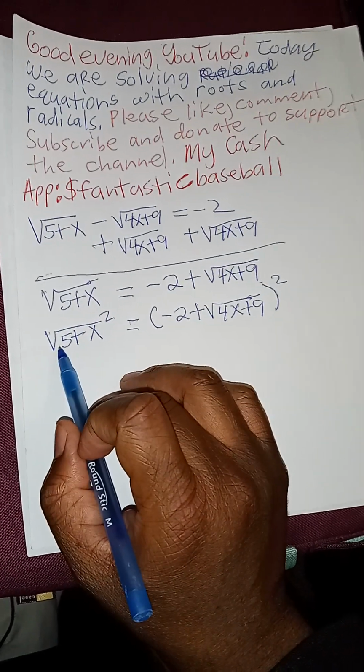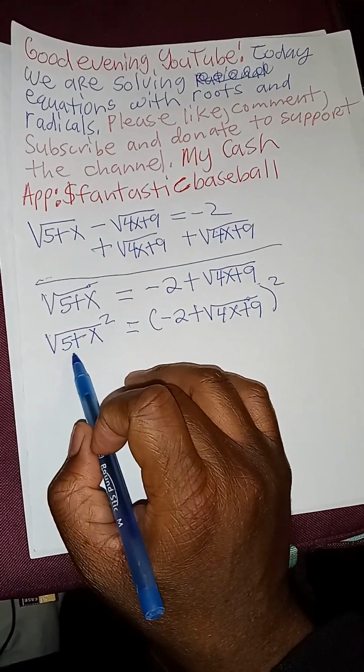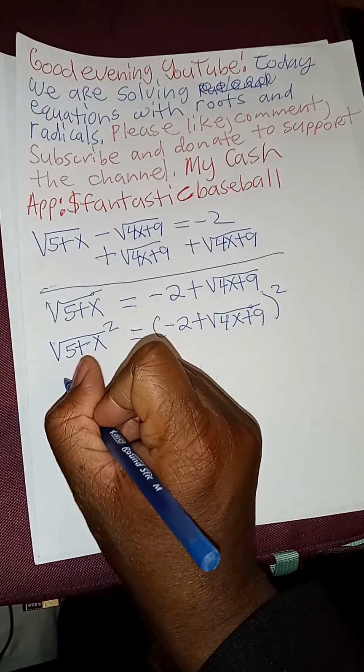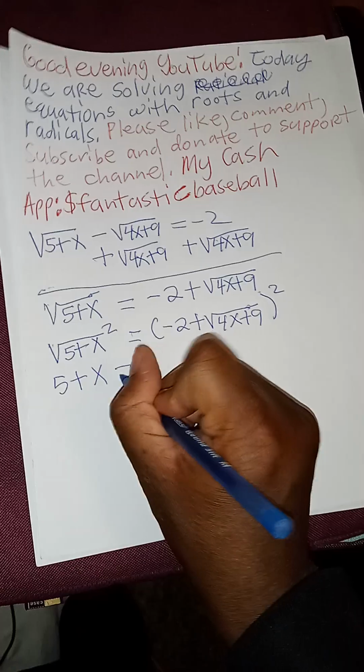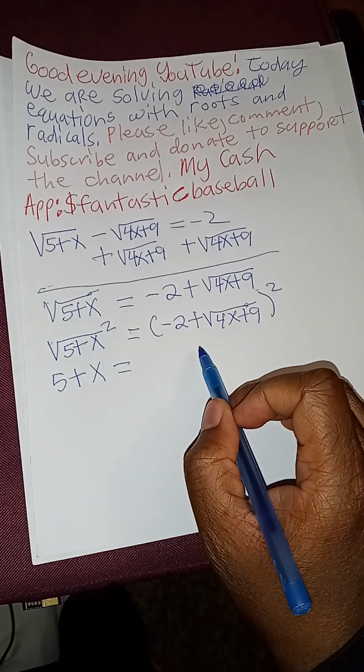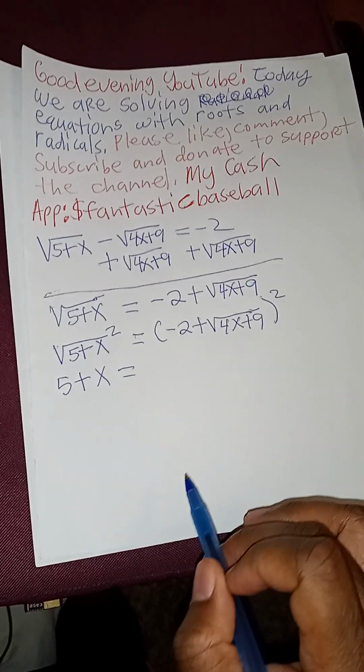Okay? So when you square a square root, the object comes out in the form of 5 plus x on the left-hand side, and then -2 plus square root of 4x plus 9 squared.